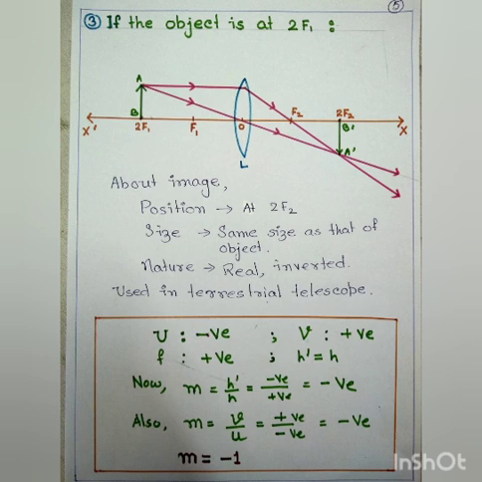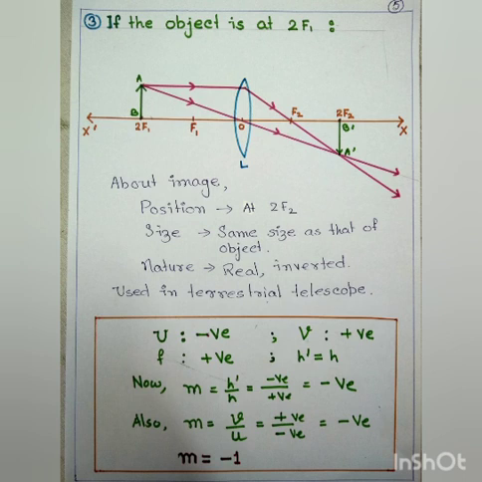How? See, here also u is negative, v is positive and f is positive. Now magnification h prime by h will be negative, and magnification v by u will also be negative. But here u is equal to v.